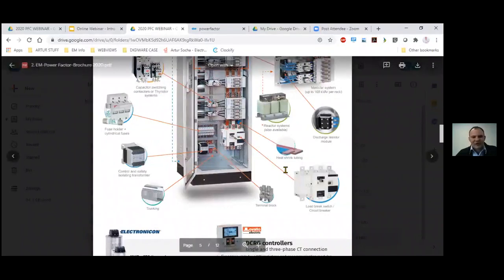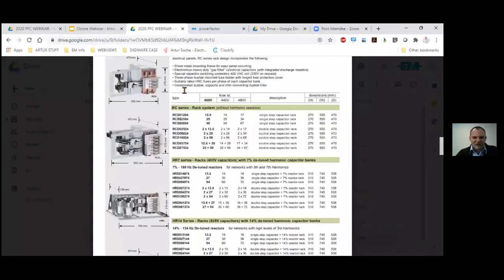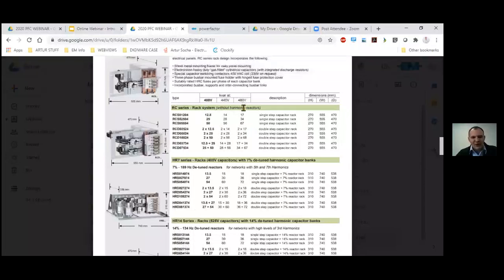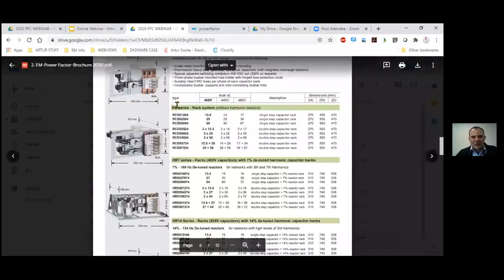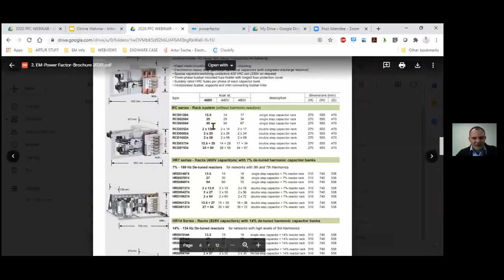An overview of our racks: we have standard systems for 440 volts. We will use the 480 volt rated capacitor, and we will build you a system with the kVAR indicated at 400 volts. We can build a rack of the different mixes up to 100 kVAR in this format.